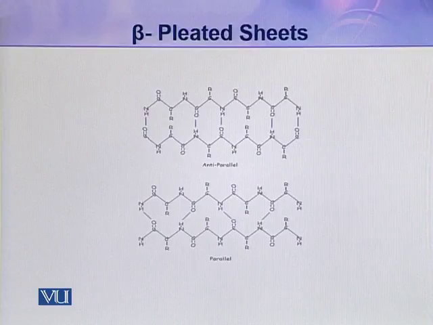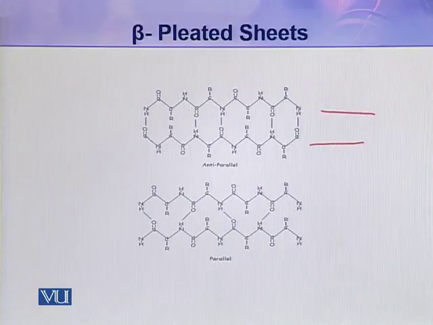First, let us see the arrangement of hydrogen bonds. Here you can see this is one polypeptide, this is another. They are arranged in a zigzag manner, and these are the hydrogen bonds, present between the adjacent polypeptide chains. So this is an anti-parallel polypeptide arrangement.